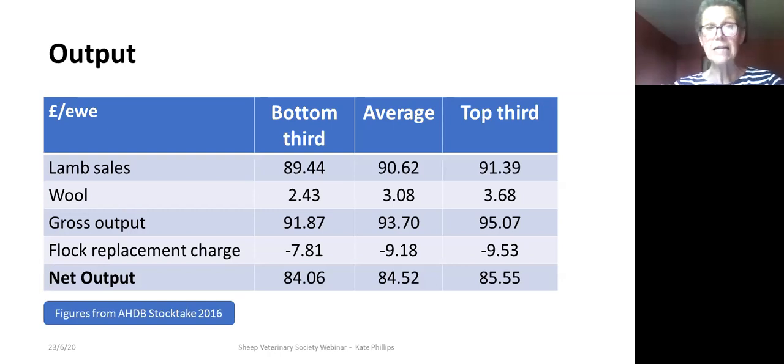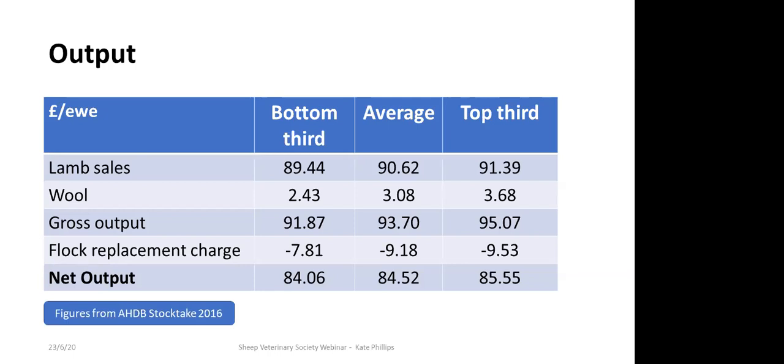If you look at the replacement charges, this is the flock replacement charge in terms of what's bought and sold in terms of new and culled sheep. They're not that dissimilar either, and you can see the net output once you've taken off the flock replacement charge is quite similar. So we're looking at only about £1.50 difference between the top third and the bottom third farmers in that respect. And arguably, that's not necessarily significant.